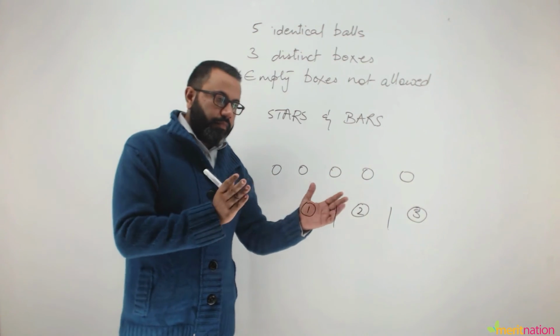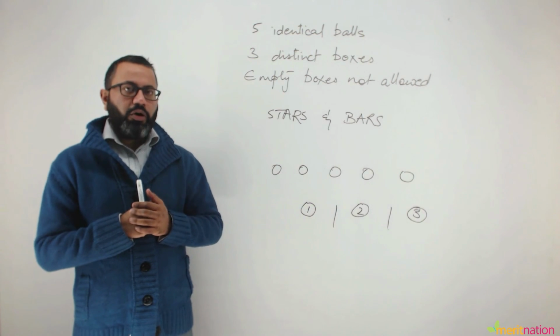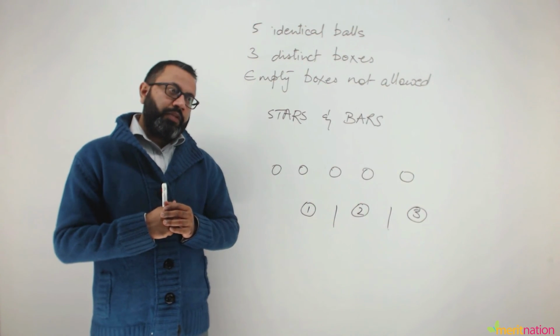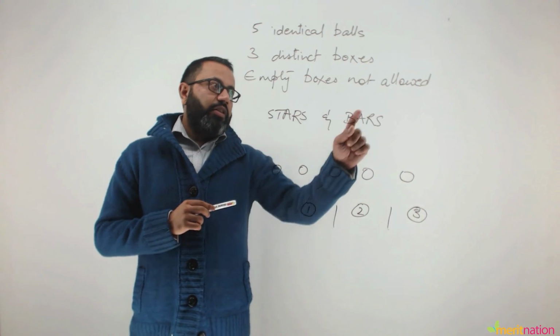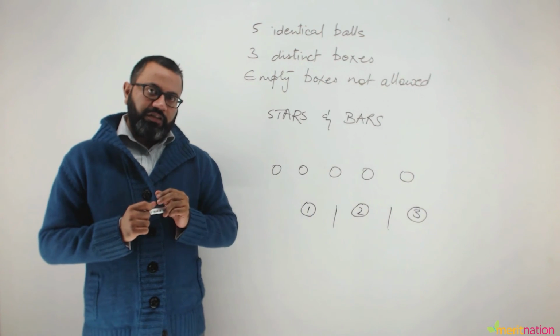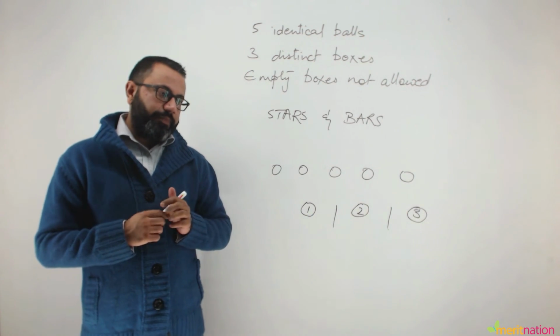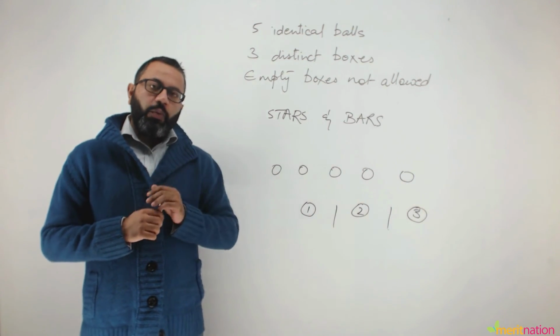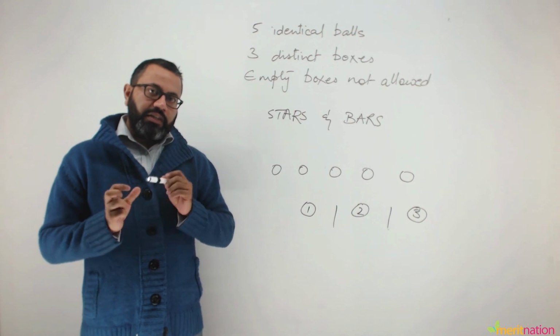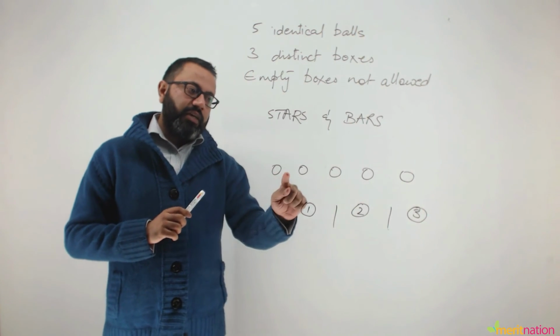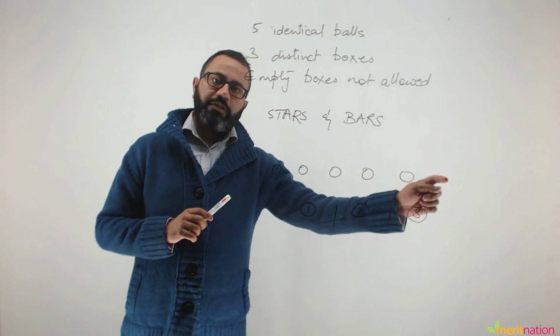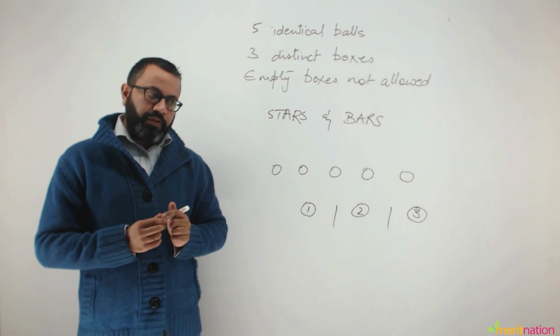That would cause an arrangement of these balls within the boxes, a distribution, right? Given that we are not allowing empty boxes, what are the conditions that we can say? First, where can these bars appear? These bars will now appear in the gaps between the balls, not on the balls themselves, right?